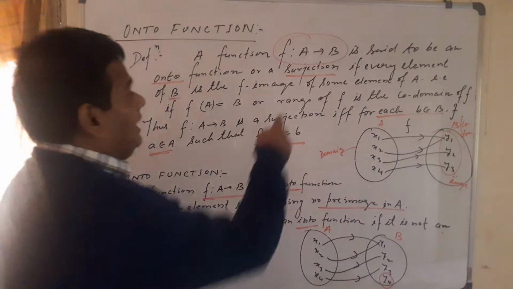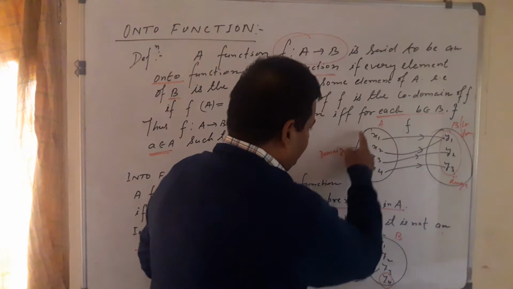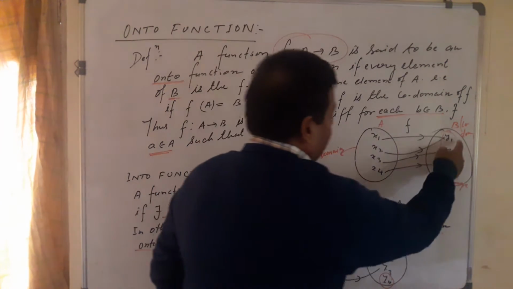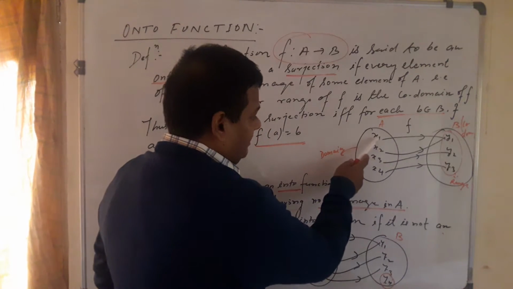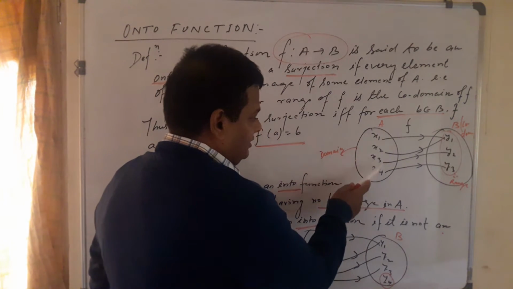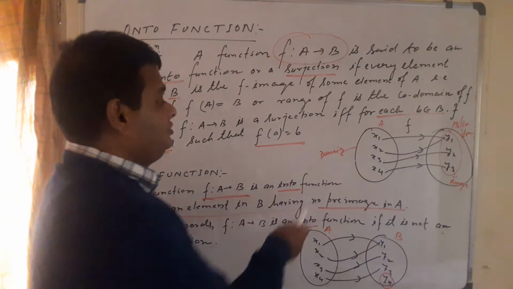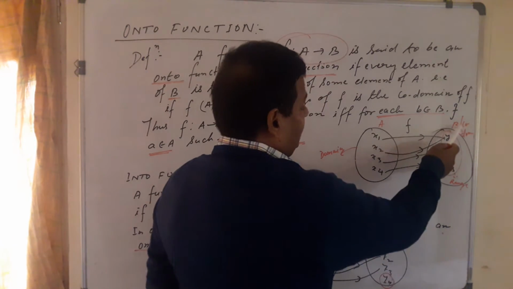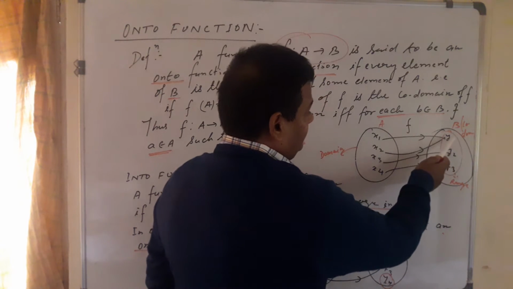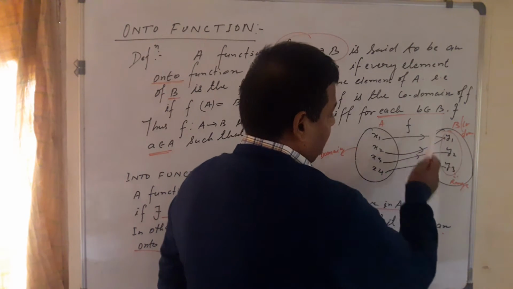So see here, f: A to B. Suppose this is a set A and this is the set B. Set A contains the elements x1, x2, x3 and x4. So this is your domain. And set B contains the elements y1, y2, y3.